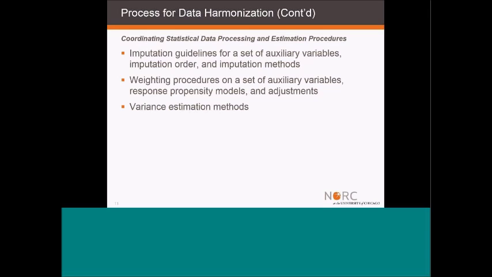The weighting procedure is the same thing, identifying the input variables. For a long time, they used a weighting cell method, but then again, as you expand more variables, in order to deal with that many variables, the response propensity model was introduced.